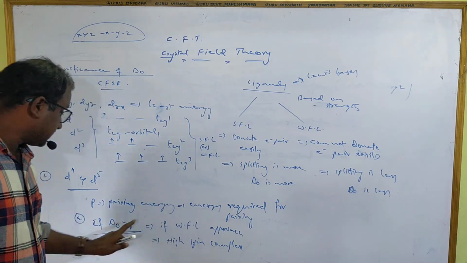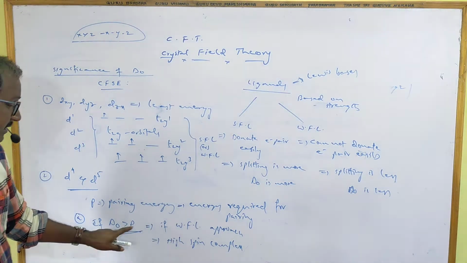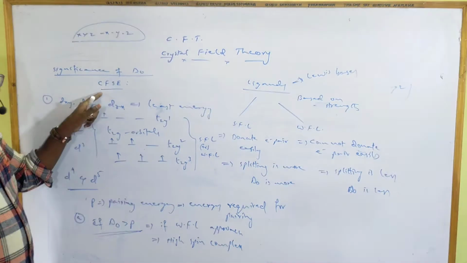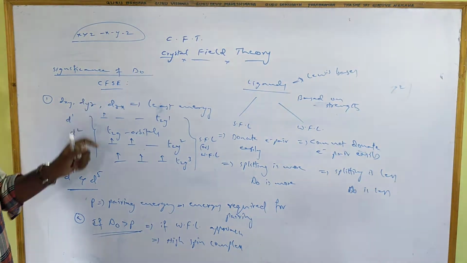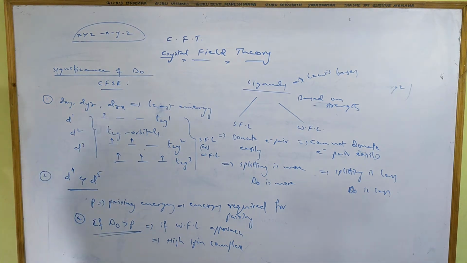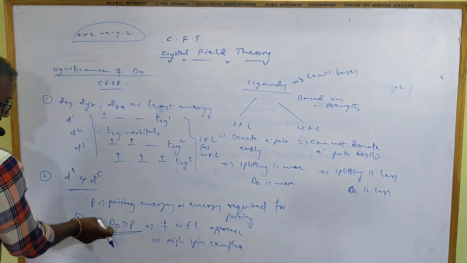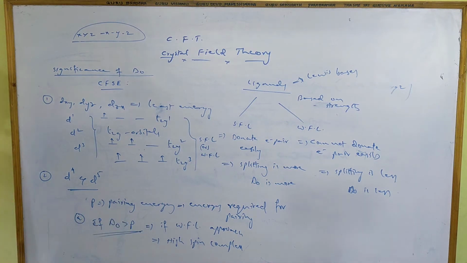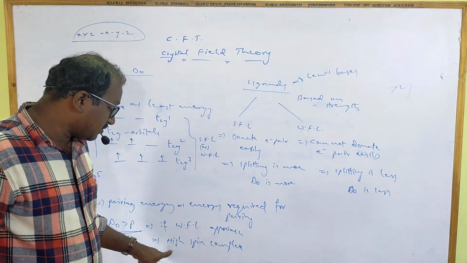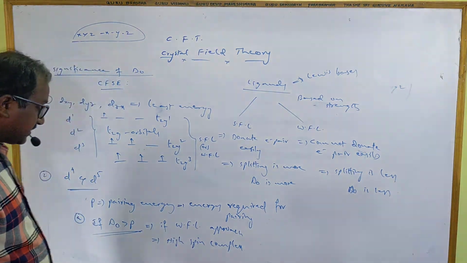And in those cases, delta O is always greater than P. Already I told you delta O means CFSE, crystal field stabilization energy. By the splitting, the orbitals are stabilizing. So crystal field stabilization energy will be greater than P in case of weak field ligands. When weak field ligands are present, we call those complexes high spin complexes.